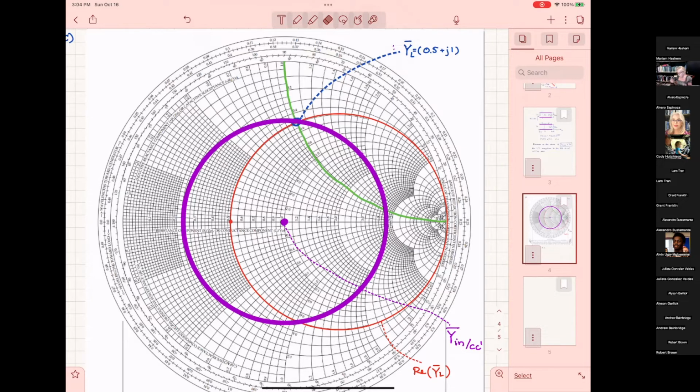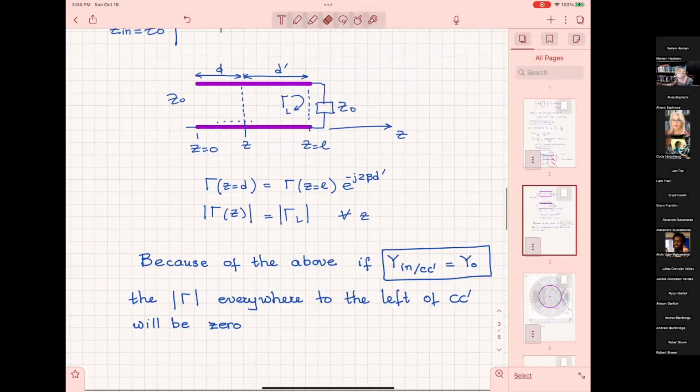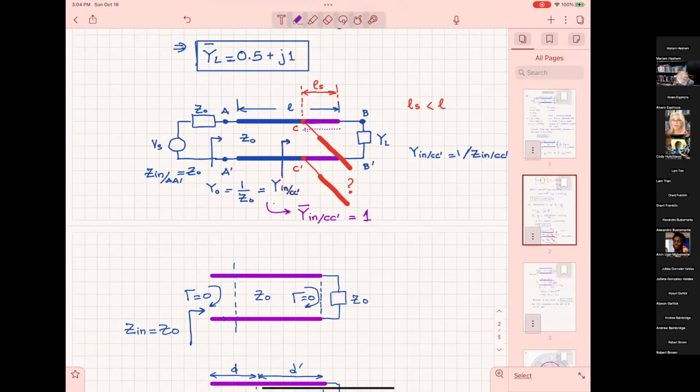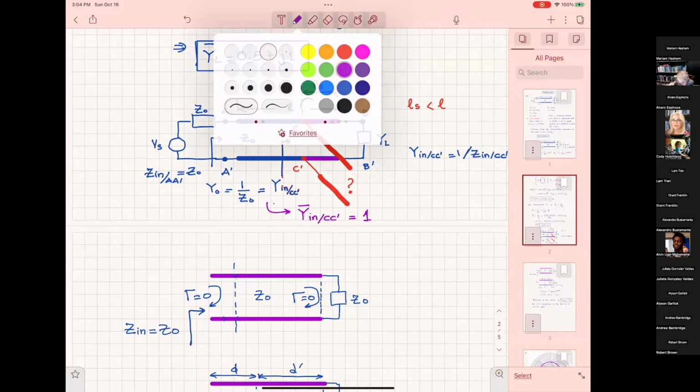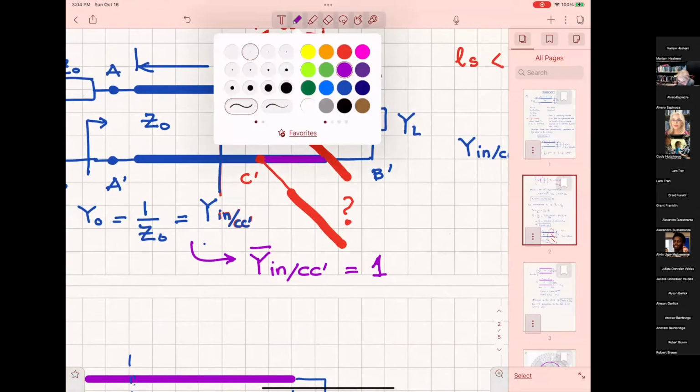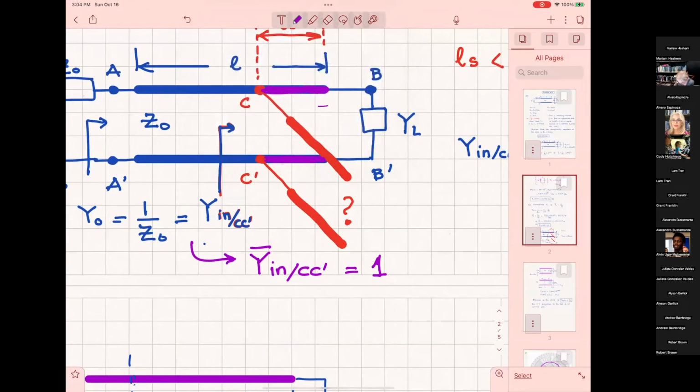That's why I erased that, because I don't want anybody to believe that they can move straight. Now, from YL, I can move. However, the Smith chart always tells us which direction to go. So I move from my load like this, and I want to find a point to stop where I'm going to put the stub.